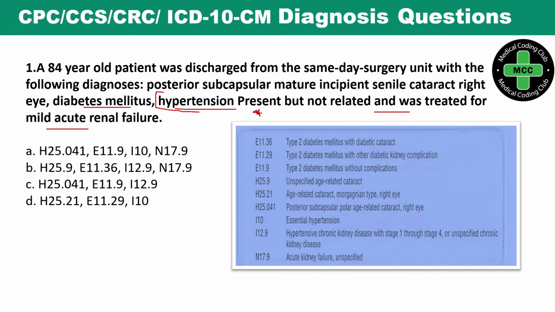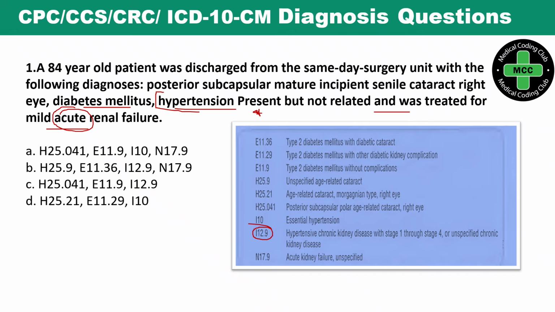Coming back to the question, as many of you are aware, the coding guideline is that hypertension is not related to renal failure, and the renal failure here is acute, not chronic. When it is not chronic, we do not assign any combination code from category I12.9.